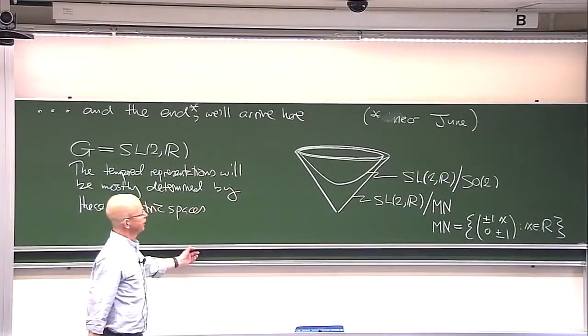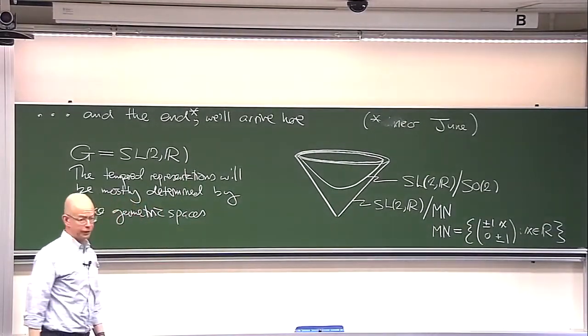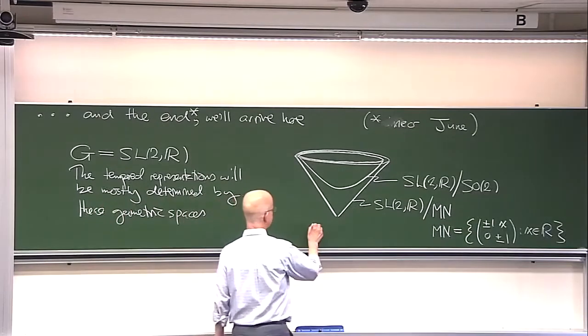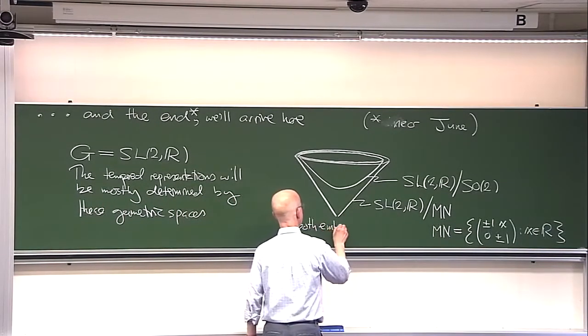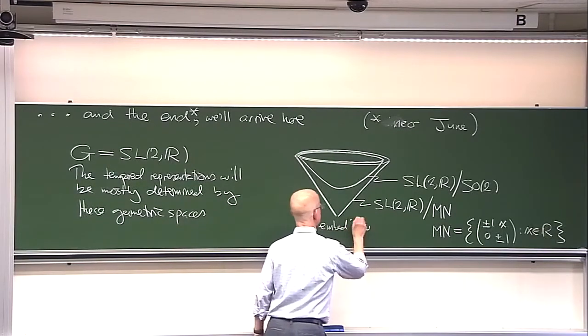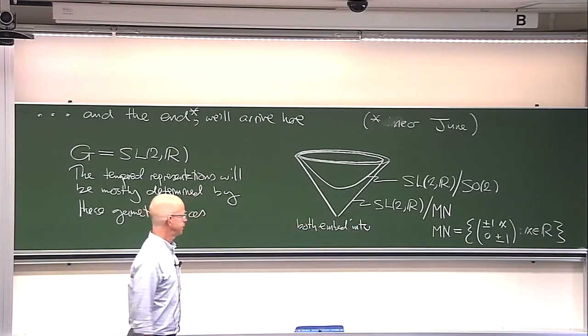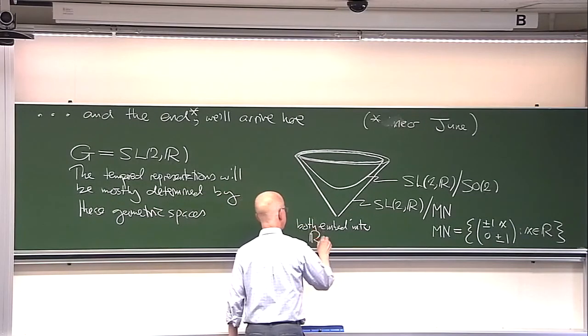And I've drawn 2 homogeneous spaces here, and they sit naturally in this particular case. These sit naturally in R3.